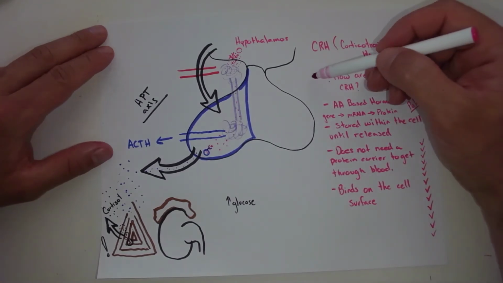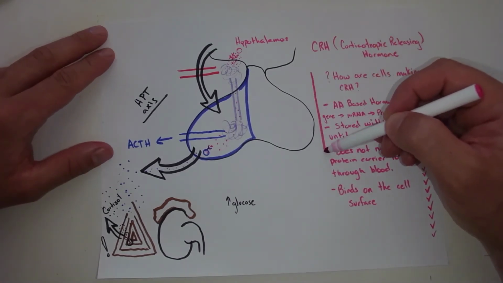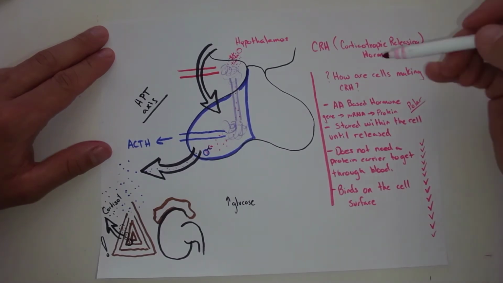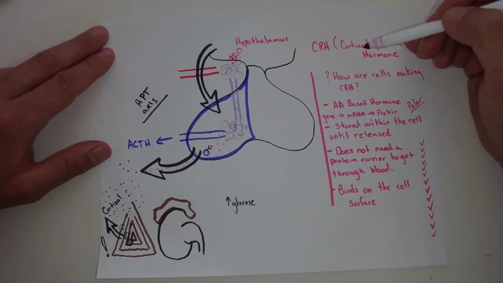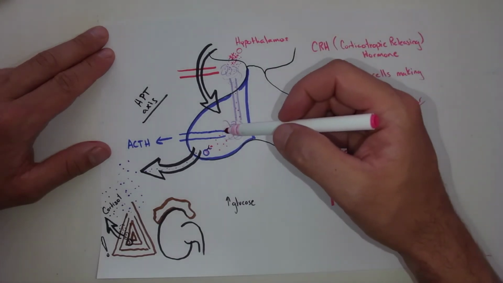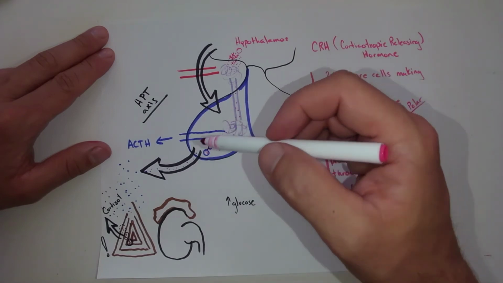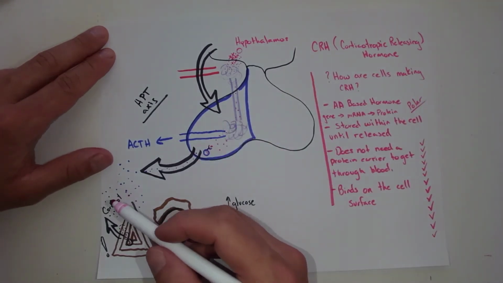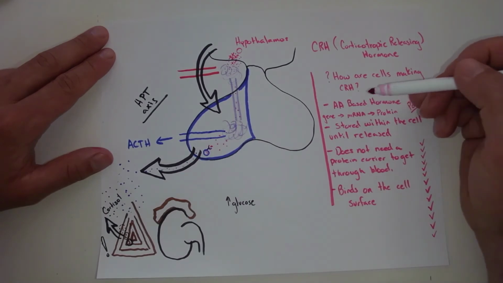We can know an enormous amount and answer a lot of these questions by knowing the name, the organ that makes it, the organ it affects, the ultimate effect of that organ, and the chemical class.